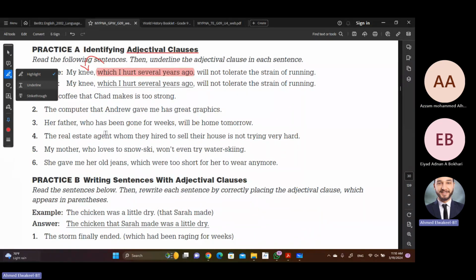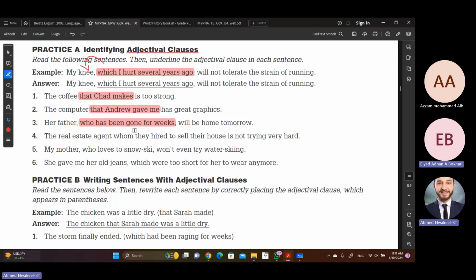First one, Azam. The coffee that Chad makes is too strong. That Chad makes. The computer that Andrew gave me has great graphics. That Andrew gave me. Nice. Her father, who has been gone for weeks, will be home tomorrow. Who has been gone for weeks. The real estate agent whom they hired to sell their house is not trying very hard.